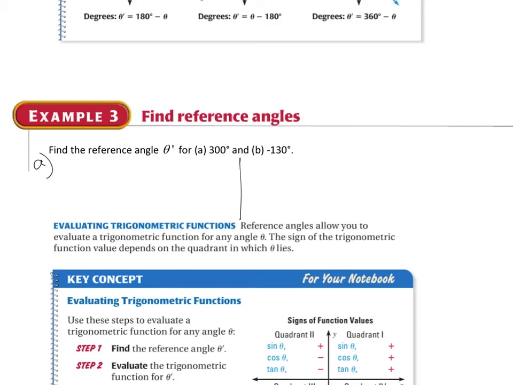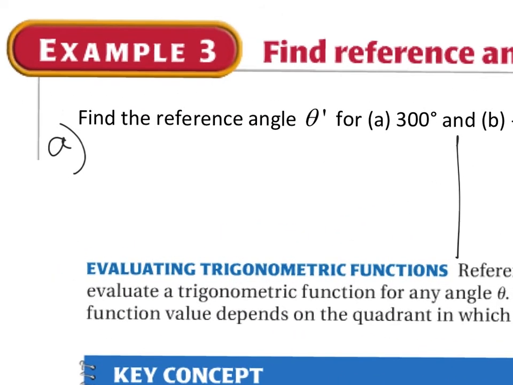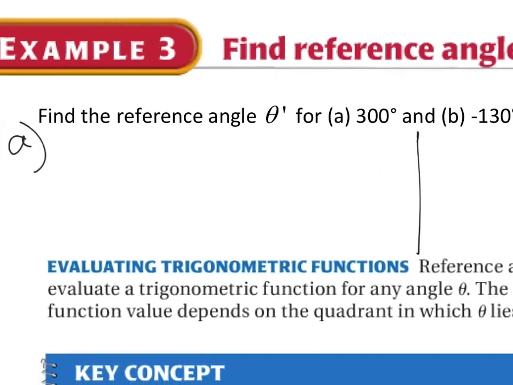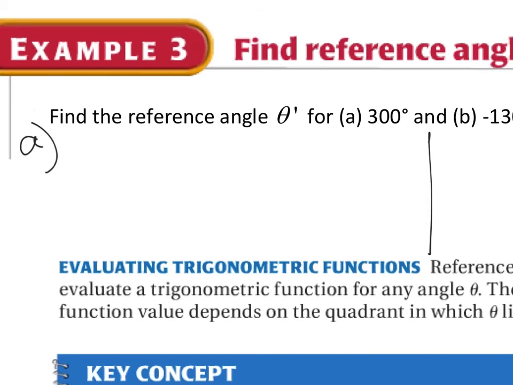Well, let's do A right here, okay? Pretty straightforward problem. It's helpful to draw a picture. All right. I'm going to draw an angle of 300 degrees. Now, an angle of 300 degrees is exactly 60 degrees short of a full revolution.